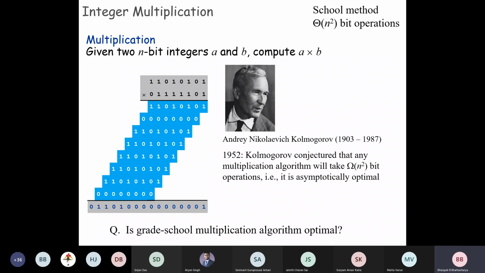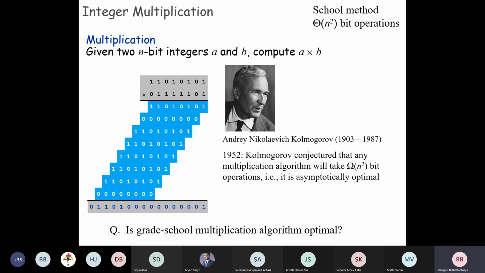You have heard of this mathematician Kolmogorov? What was he famous for? There is a famous test in probability theory, and in data science now people use the Kolmogorov-Smirnov test, right? It's a very famous test. It is widely used in machine learning and data sciences.